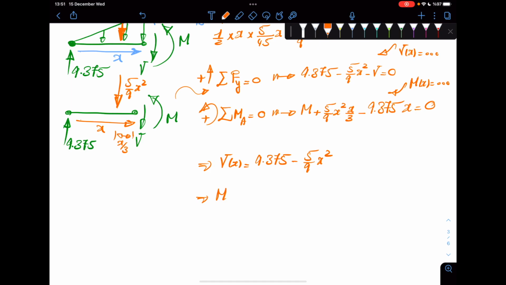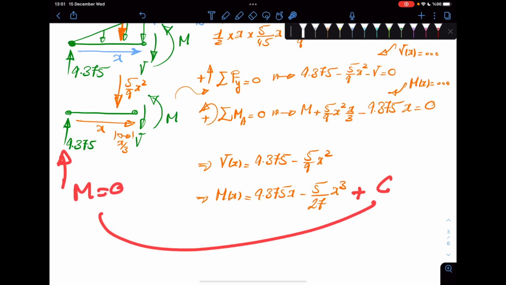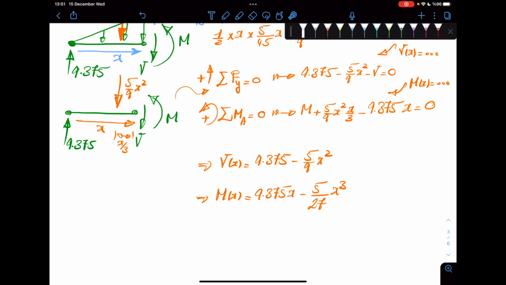And then the function for M of x is 9.375x minus 5 divided by 27 x cubed, which you can immediately see is the integral of V. Usually you have a constant here, but because M is 0 at x equals 0, that constant is basically 0, so that doesn't enter the calculations.